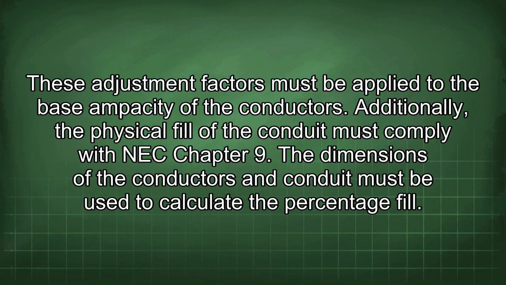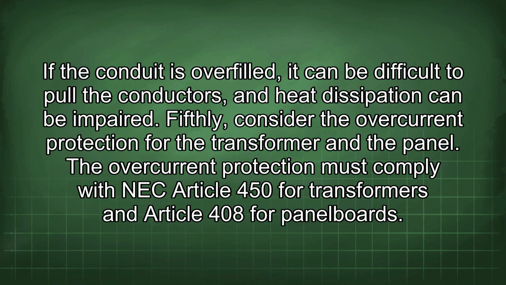These adjustment factors must be applied to the base ampacity of the conductors. Additionally, the physical fill of the conduit must comply with NEC Chapter 9. The dimensions of the conductors and conduit must be used to calculate the percentage fill. If the conduit is overfilled, it can be difficult to pull the conductors, and heat dissipation can be impaired.